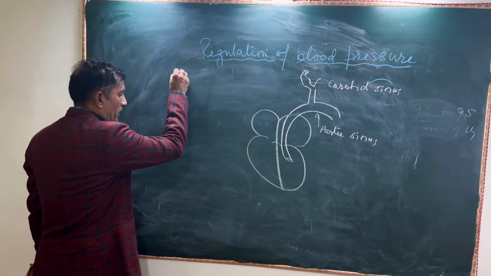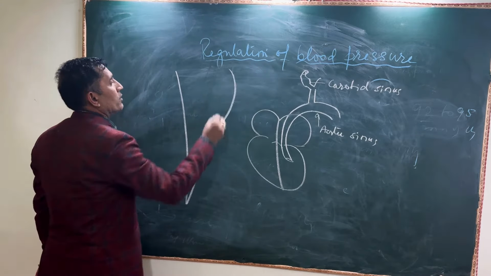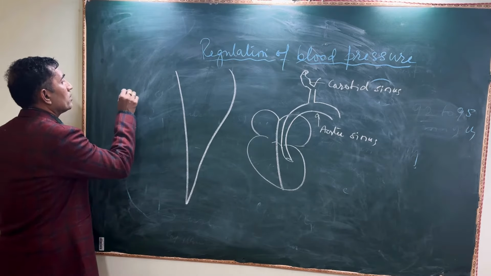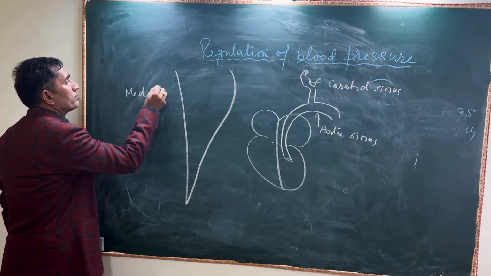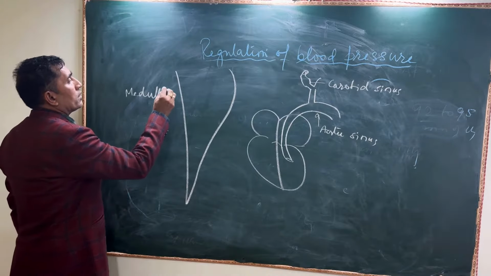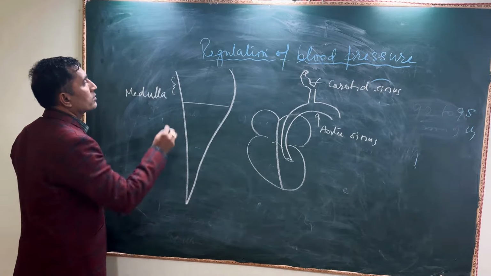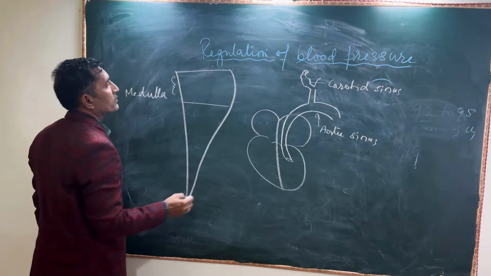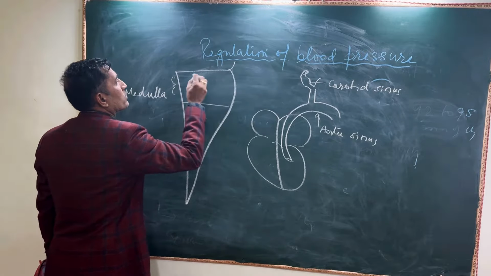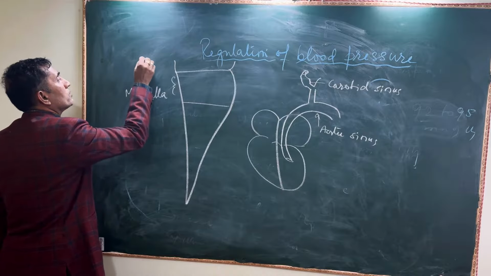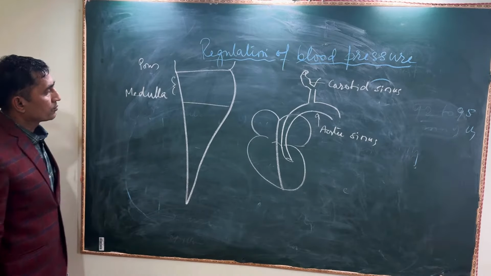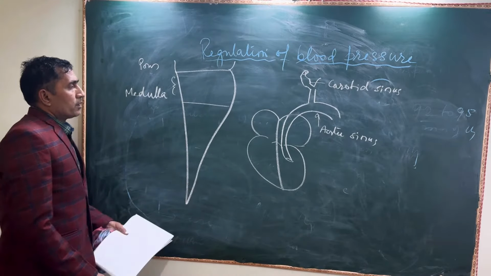Now we have to draw the medulla. This is medulla. Then above this we have the pons.